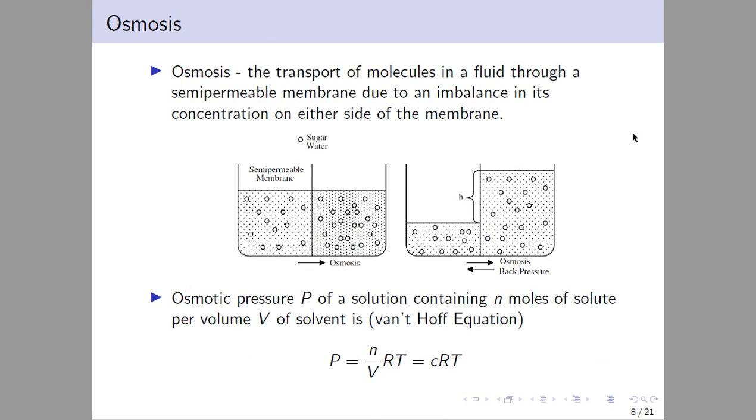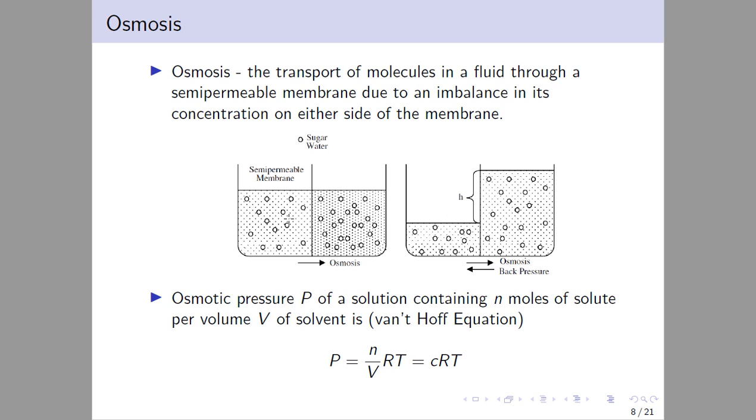And next is osmosis. Osmosis is the transport of molecules in the fluid through a semi-permeable membrane due to an imbalance in its concentration on either side of the membrane. Here is the membrane. The molecules cannot pass through, but here we have a small number of molecules and here we have a higher density of molecules.